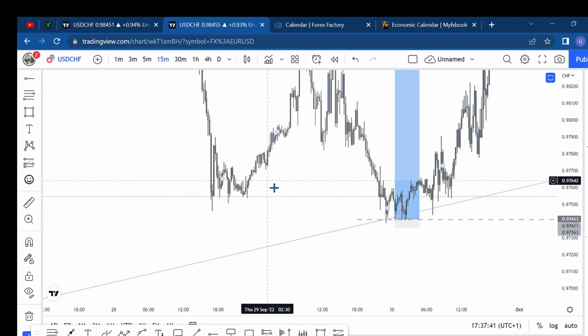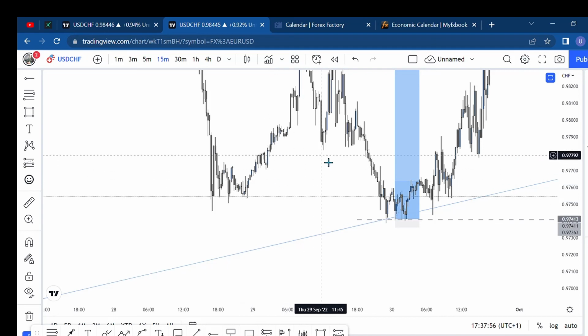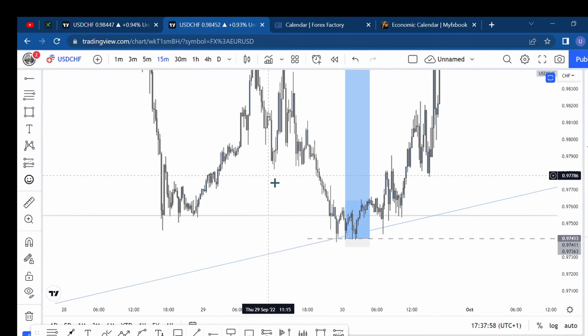So in anything you're doing, always learn before you earn. Do not go ahead to earn, and then when everything has turned so bad, you then want to go and learn. So this is what happened on USDCHF, how I took the buy basically.